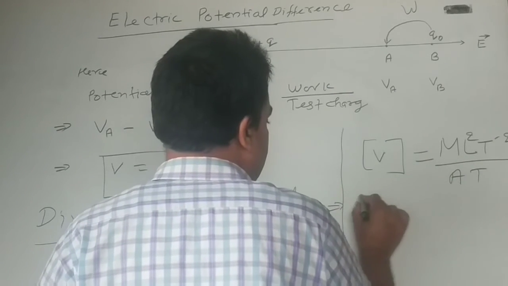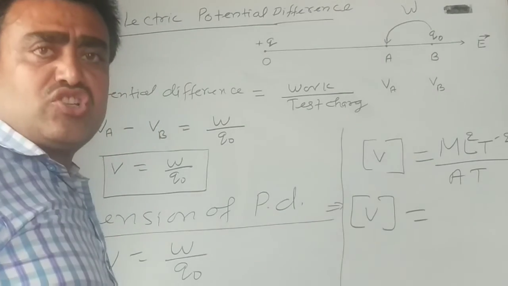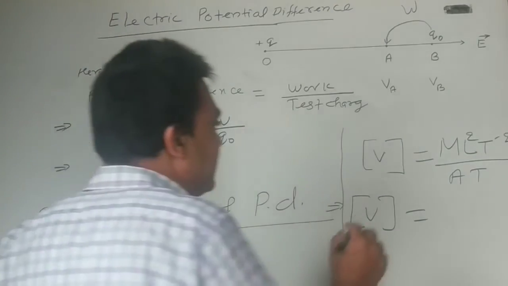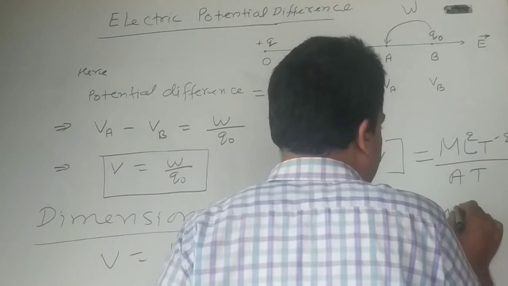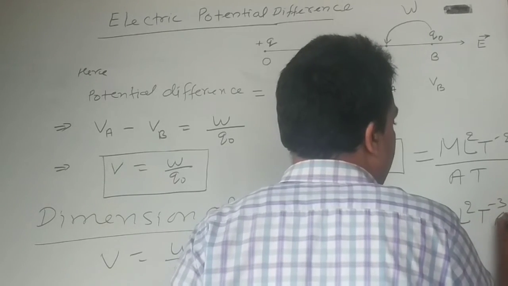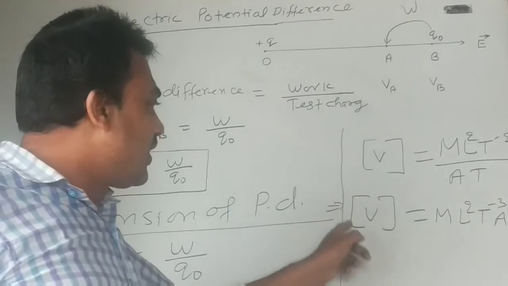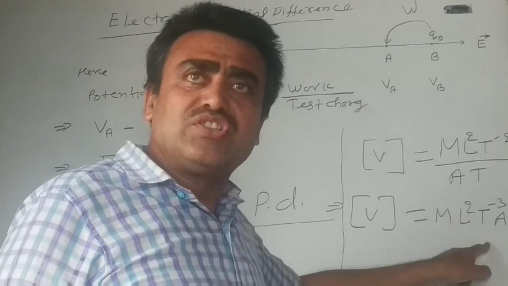That implies the dimension of potential difference is ML2T minus 3 A minus 1. This is the dimension of potential difference.